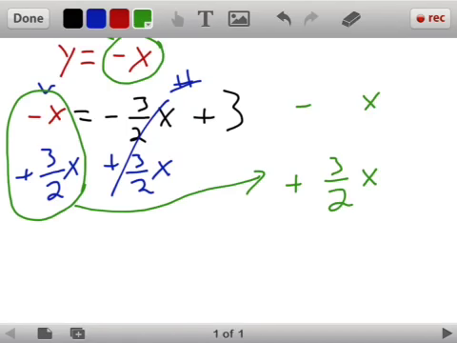So what's really hidden in front of that x is there's really a hidden 1 in front of that x. And so you can turn anything into a fraction by writing it over 1. So that's really 1 over 1. But when you're adding and subtracting fractions, you have to have a common denominator. So your denominators 1 and 2, right now they're not common.